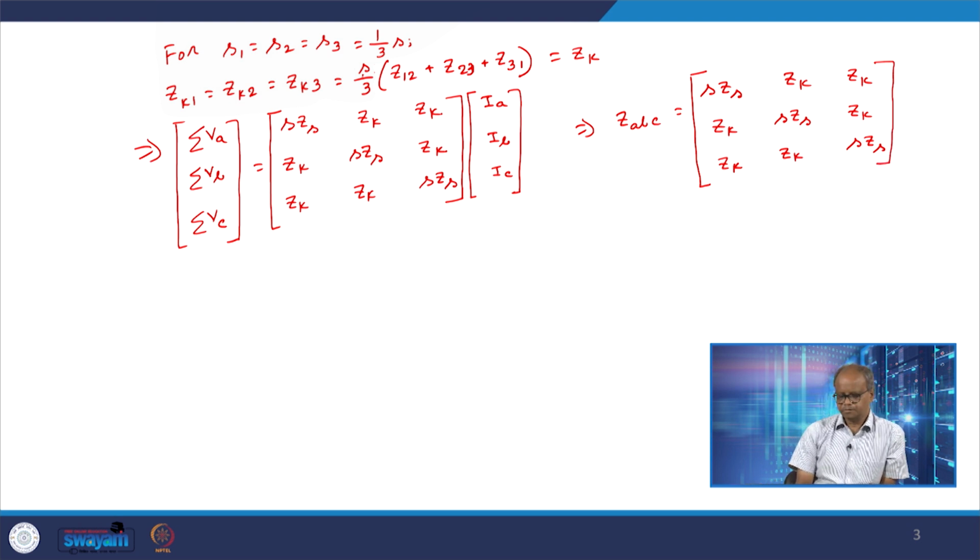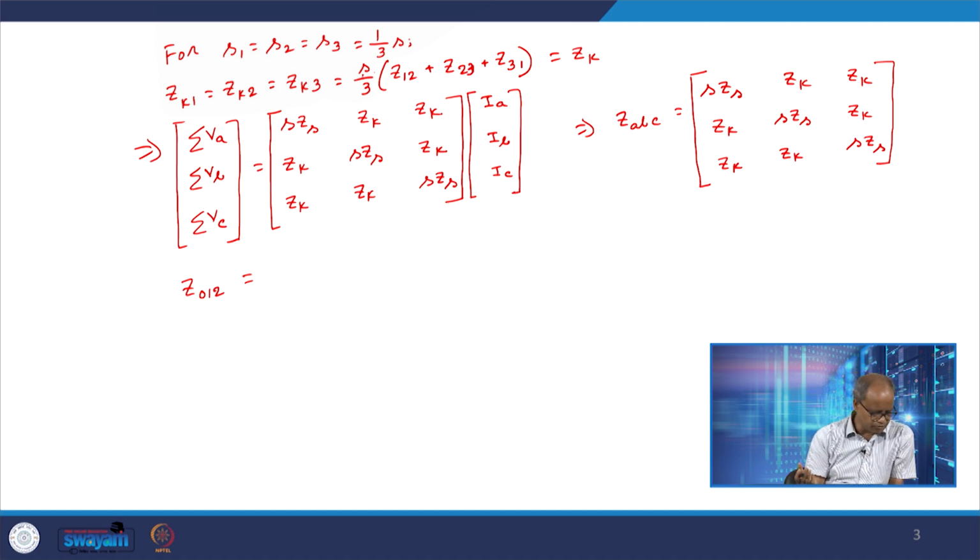So then after that, with this ZABC, I can calculate Z012. I will write that, please verify. Z012 is obtained by applying the formula A into ZABC into A inverse.